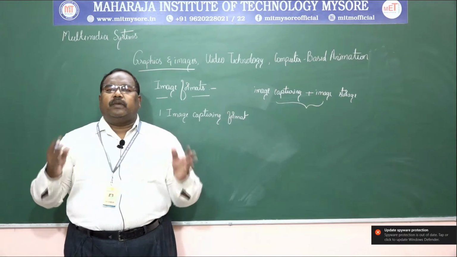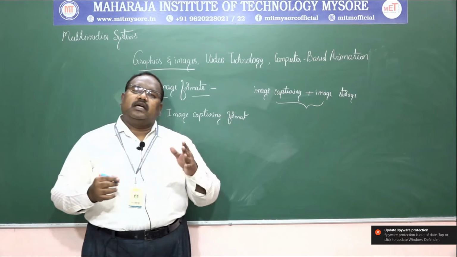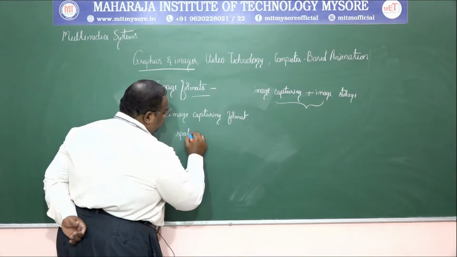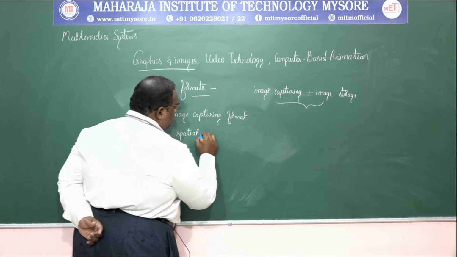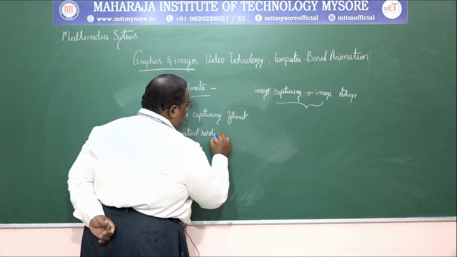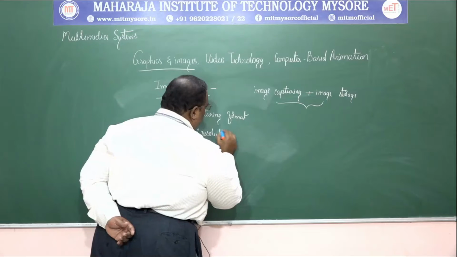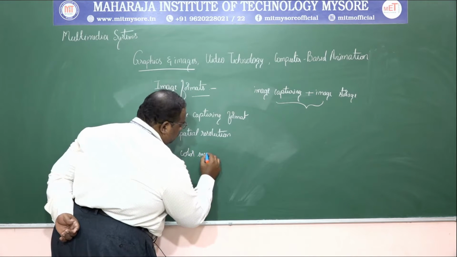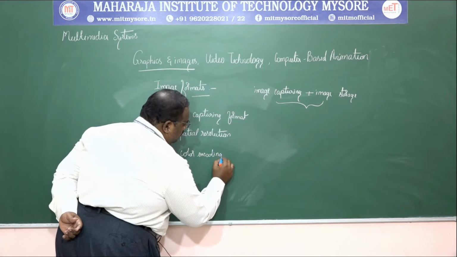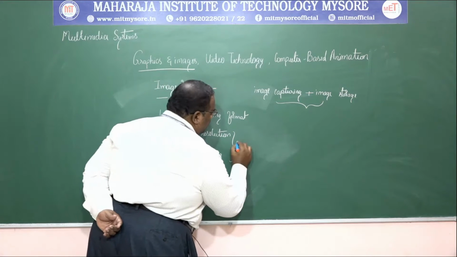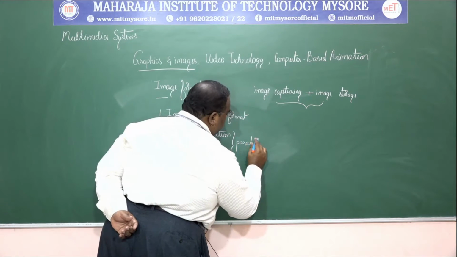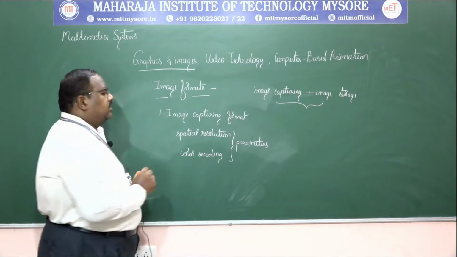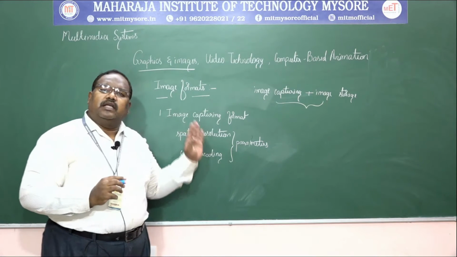One is the spatial resolution and the second one is the color coding. So these are the two main parameters on which the image format lies.